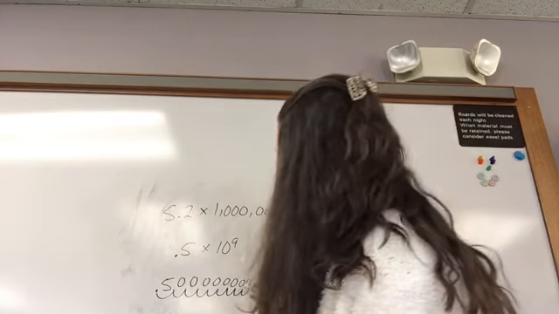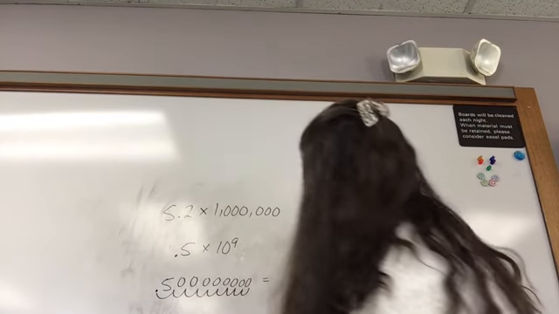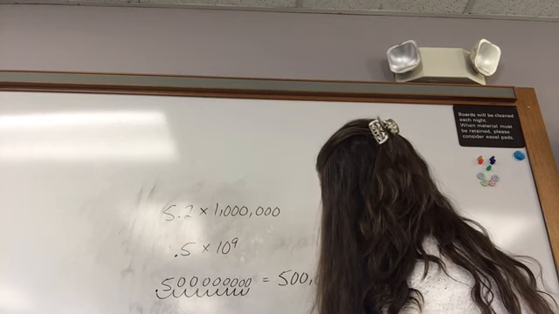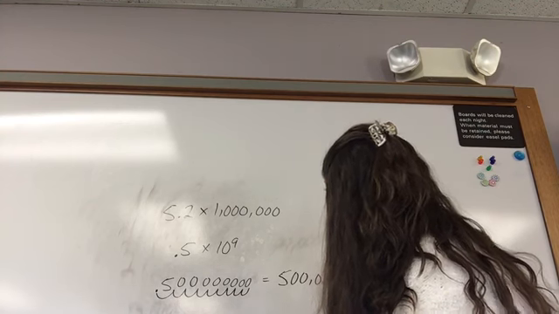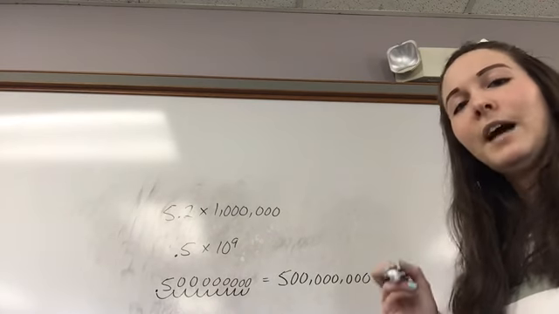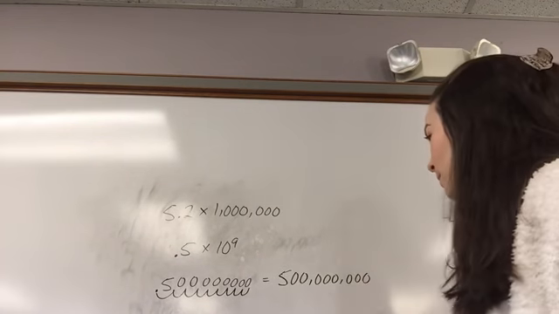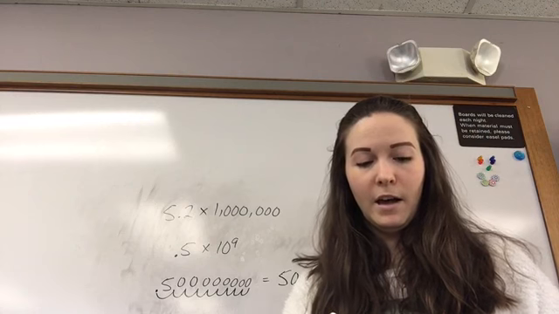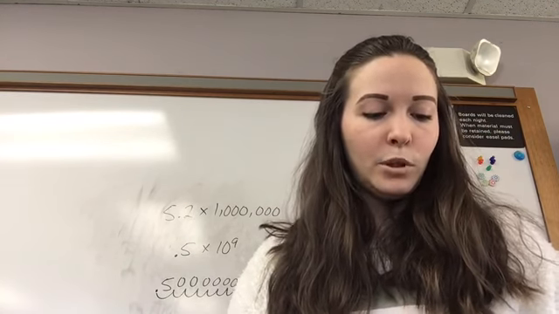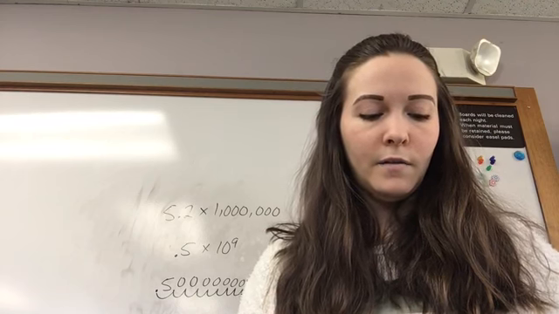And we would be left with 500 million. 500 million is 1/2 of 1 billion. So that is multiplying by powers of 10.